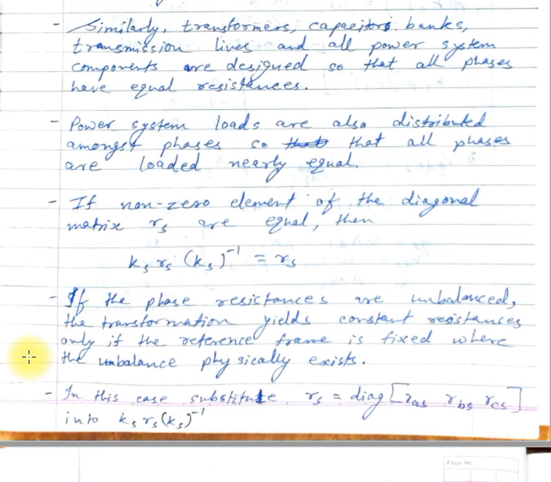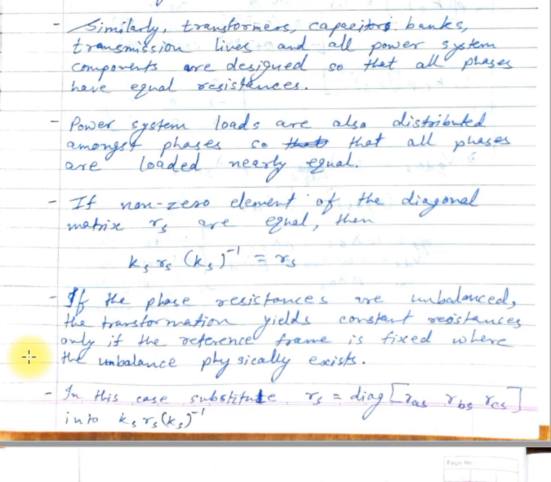If the phase resistances are unequal, then the resistance matrix associated with the arbitrary reference frame contains a function of theta, where Ks is algebraic.